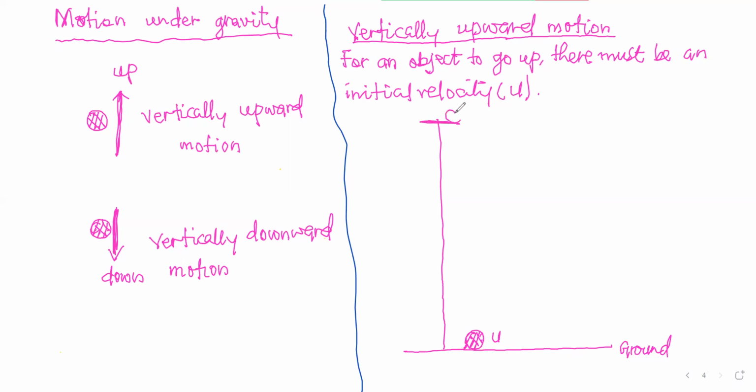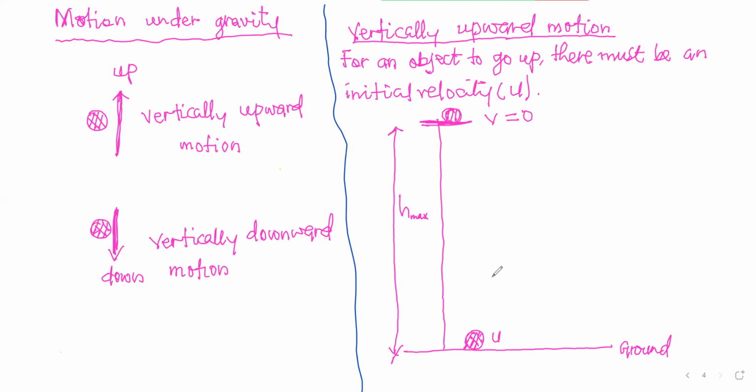When the object is here, at this height, its final velocity v is equal to 0. It's been reduced to 0, meaning the distance between its starting point and the point where the velocity is reduced to 0 is the vertical height it could travel, h. So h is the maximum height traveled by the body.